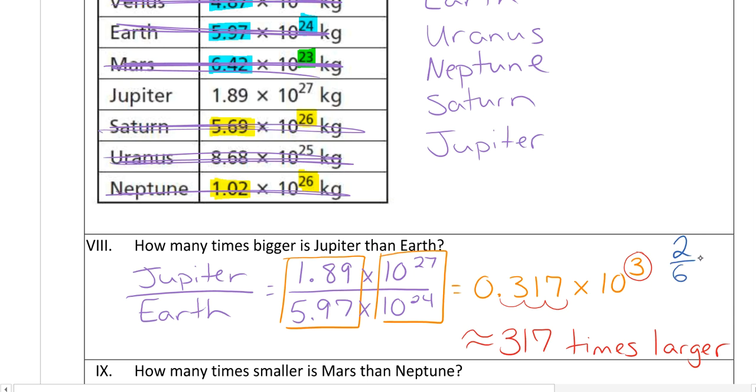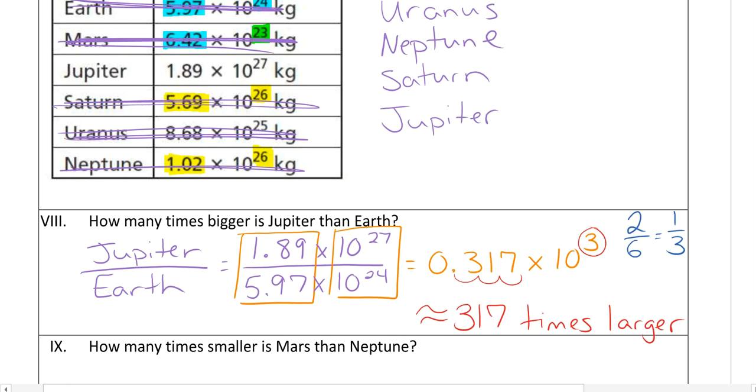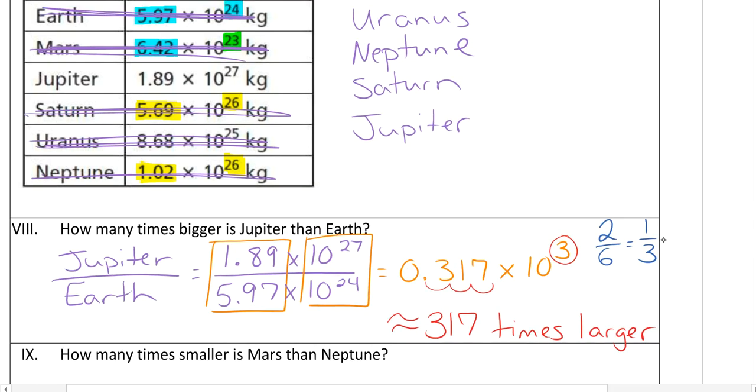So if we have 2 sixths, that's the same as 1/3, which hopefully we recall 1/3 is approximately 0.33. We can even add on a third 3 since we kind of know where we're going with our answer. And so we would have 0.333 times 10 to the third, which would be approximately 333 times larger.